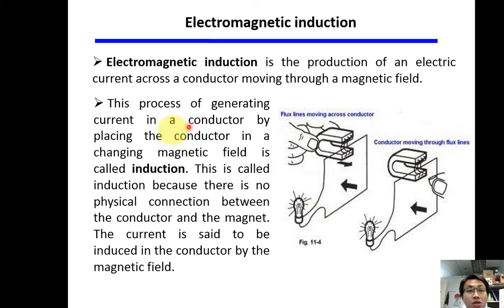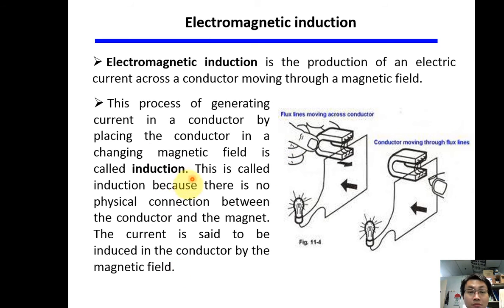Three things. The process of generating current in a conductor by placing the conductor in a changing magnetic field is called induction. This is called induction because there is no physical connection between the conductor and the magnet. Then the current is said to be induced in the conductor by the magnetic field.